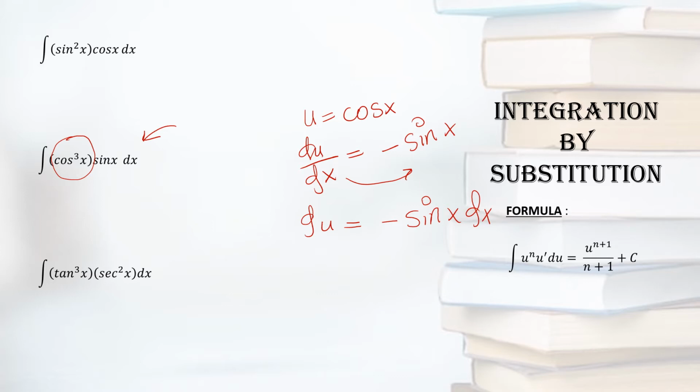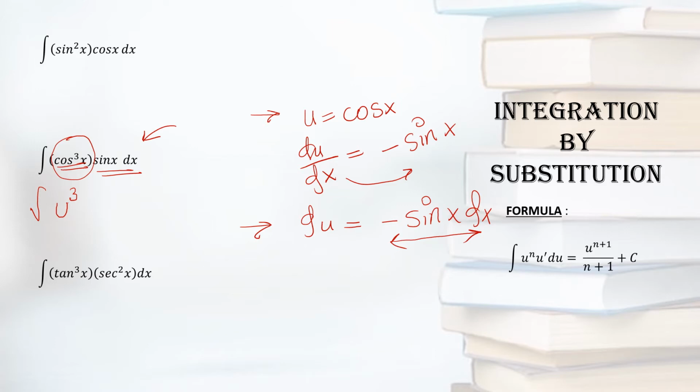Now if you compare the first part, that is u equals and du equals, with the question, you will see that for cos x, write the integral sign and convert all the x values into u values. So cos x will be written as u, and the power will be written on the top of the u. Now sine x dx: on the other side you have negative sine x dx.